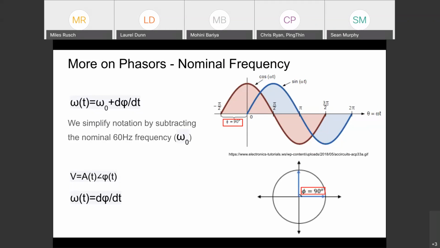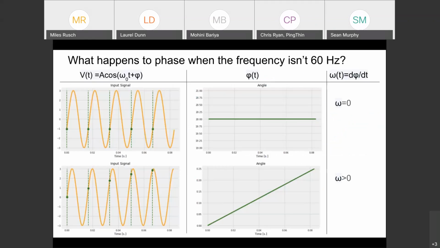And so let's think about some examples of phase in different situations. In this top row, we have a waveform of a signal in time.